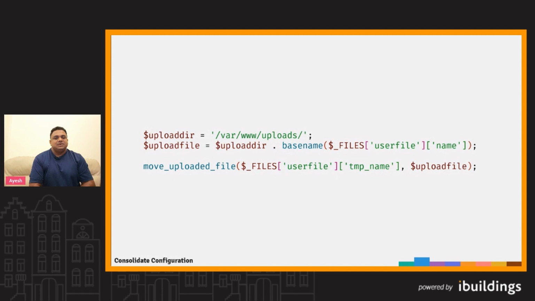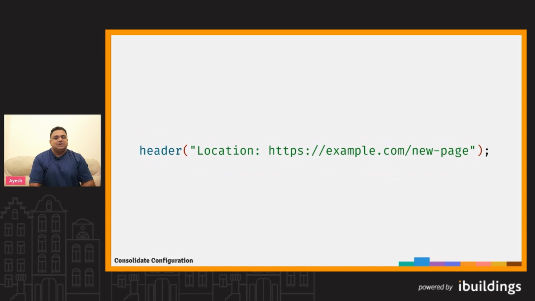This is the file upload destination, and you probably don't realize, but this is also a configuration. Sometimes even things like the URL of the application are also part of the configuration that we're trying to extract to a completely new place.